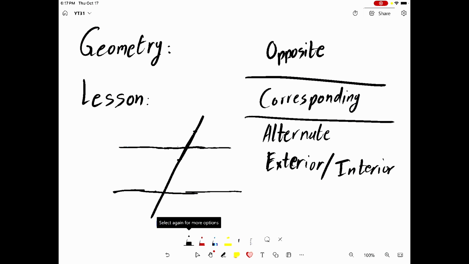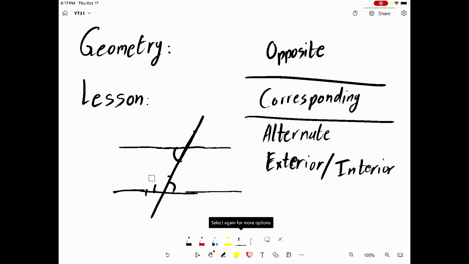Now, the reason it's alternate is because it's on the opposite side. One's on the top, one's on the bottom, and they're on opposite sides of the transversal, the line that intersects both of the parallel lines. So what I mean is this angle and this angle, the ones which I put the arcs on, are the exact same. This angle with the double arcs and the other one with the double arcs are also equal, or congruent, as it's called in geometry.